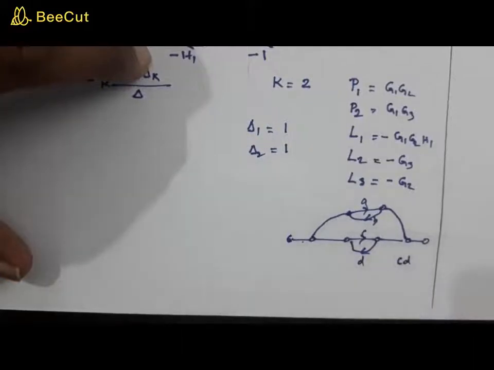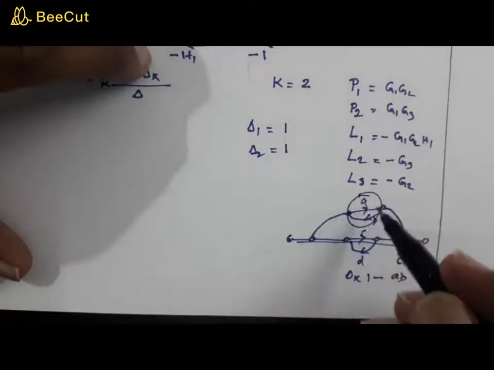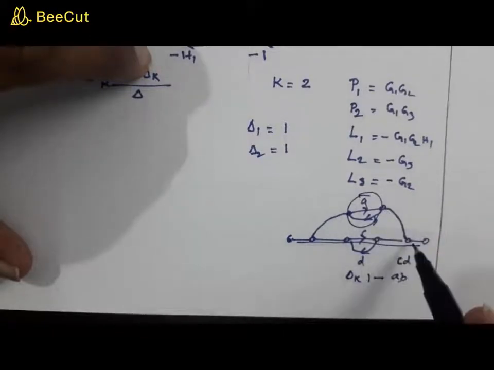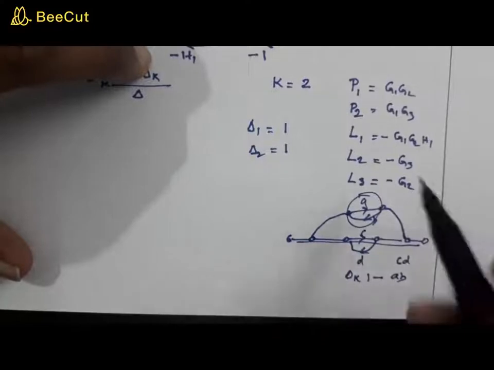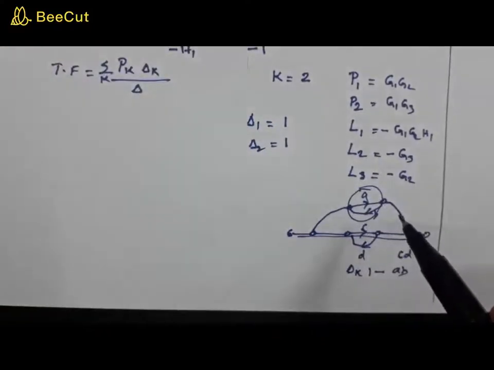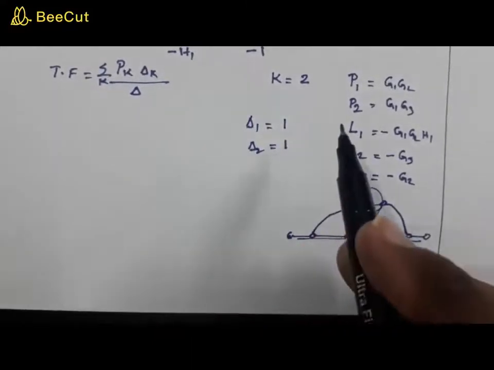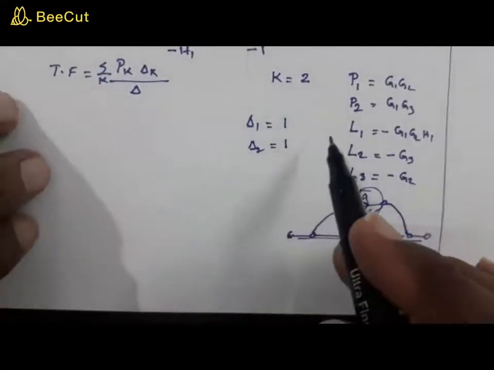But when you write delta k of this path, it will be 1 minus AB. Why? This AB is a loop which is totally independent of this path. If you remove this path, you can still have this loop. In that situation, delta 1 and delta 2 will have a value. Otherwise, it will always be equal to 1.